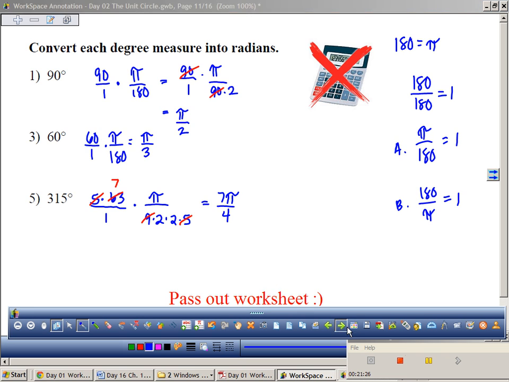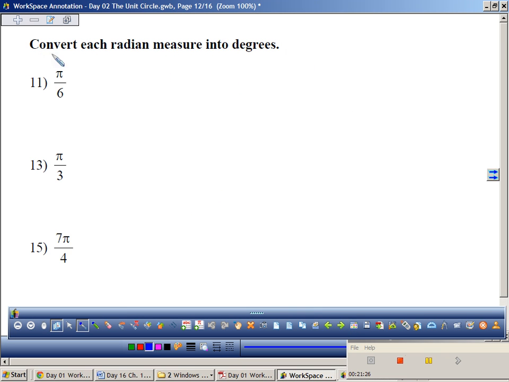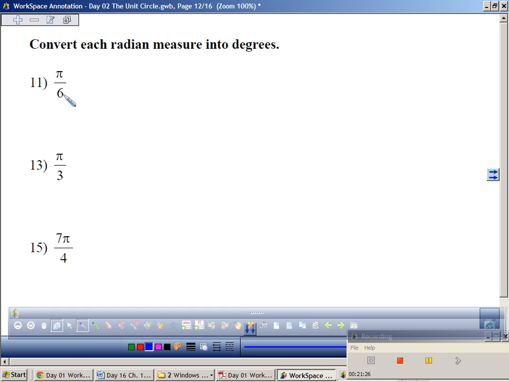Let's continue. Now let's go back. Convert each radian measure into degrees. Do you remember what pi over 6 is? 30 degrees. Good. Okay, so pi over 6. Which one am I going to use?